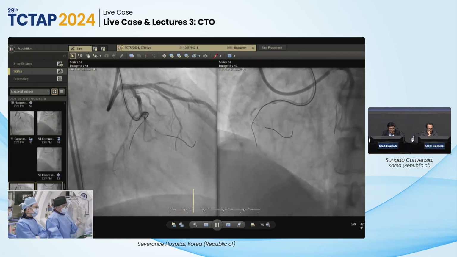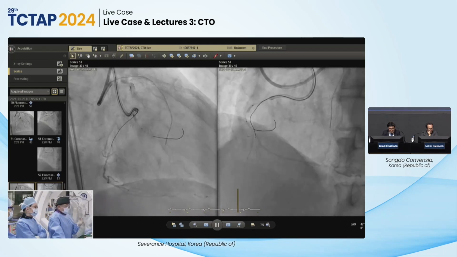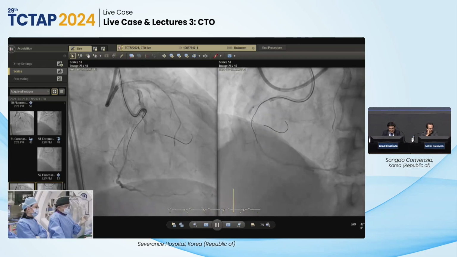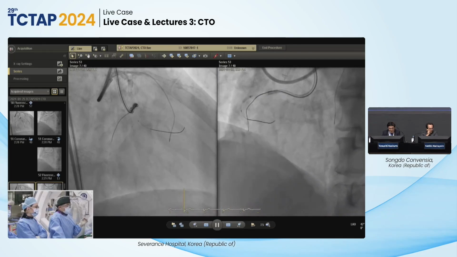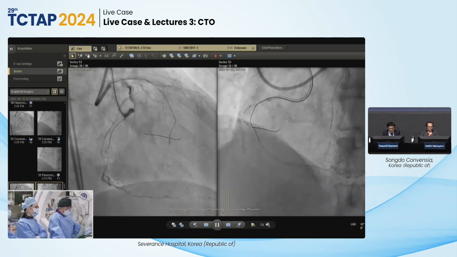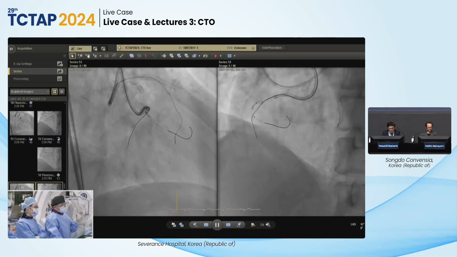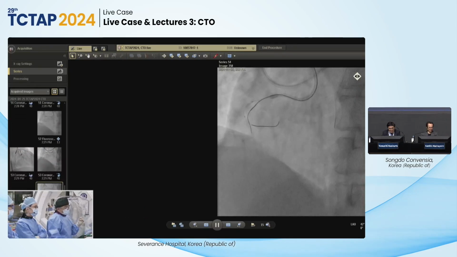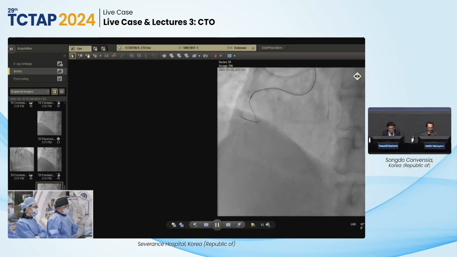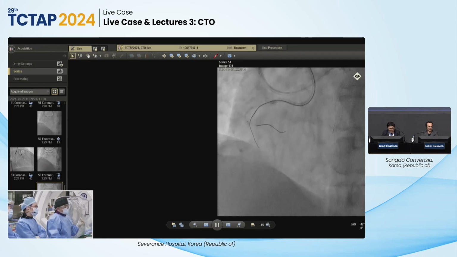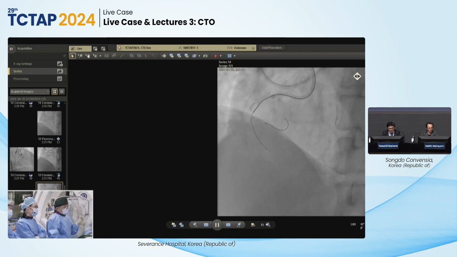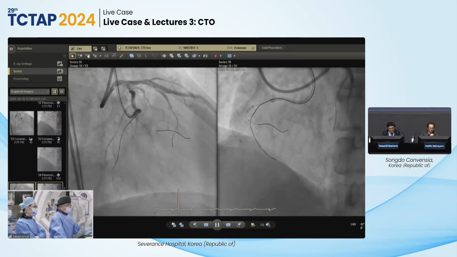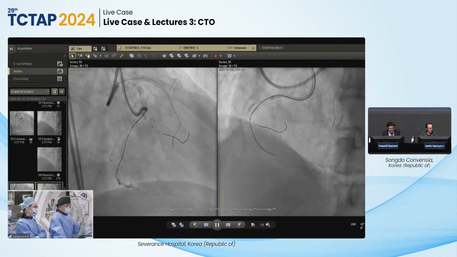So from these images, I advanced the wire a little bit further. However, some portion was not so good. So I thought there was a chance to relocate the wire position, and I retracted a little bit, and then advanced forward. The wire gently moved into the ideal plan, and we checked the angiogram like this.